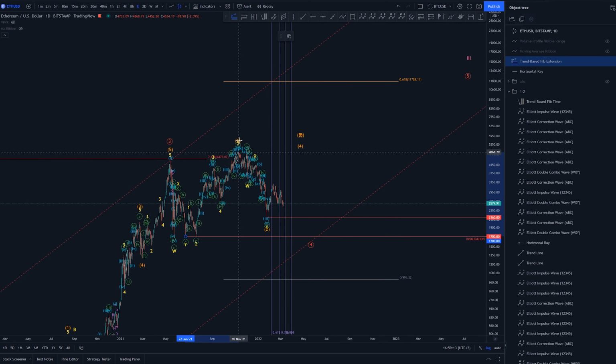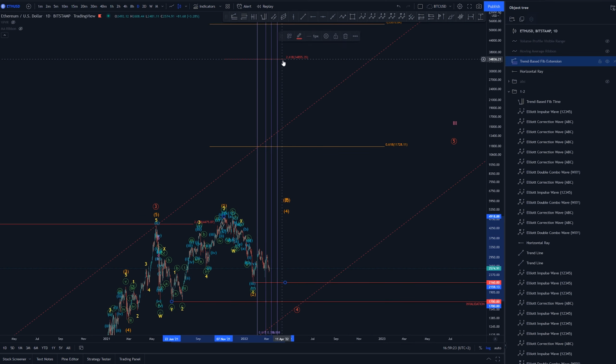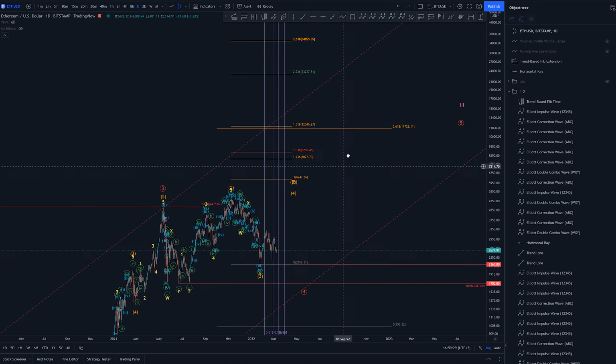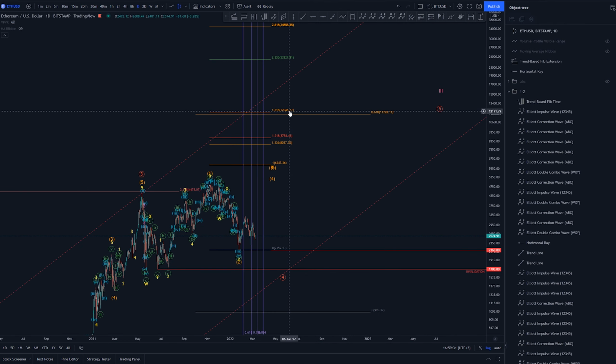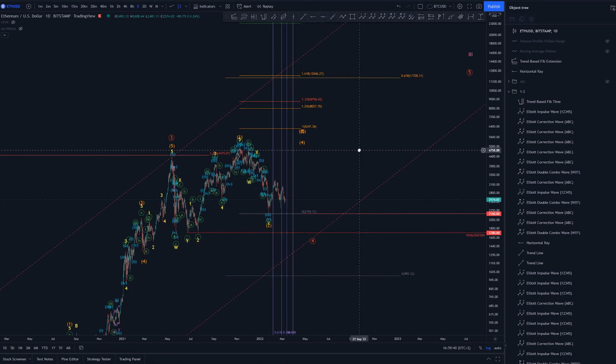We label it, or start the extension from the start of 1 to the end of 2. Is this it? Yep. And the extension is here, around 1.618, so that would be $12,000 on Ethereum. Yup, that sounds quite a lot.